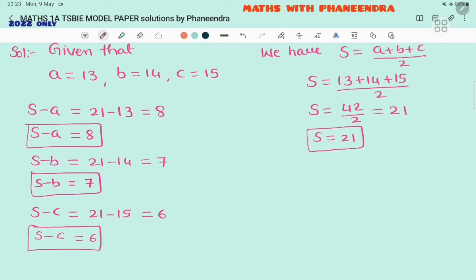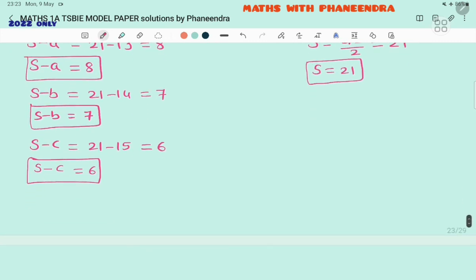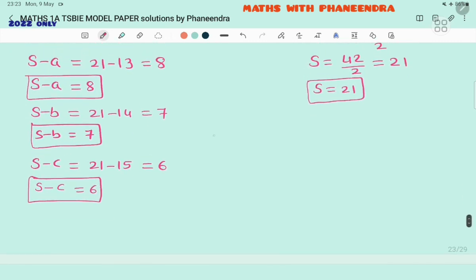Whenever we know the values of S minus a, S minus b, S minus c, we can calculate the value of delta. Therefore, delta is equal to under root of S into S minus a into S minus b into S minus c.